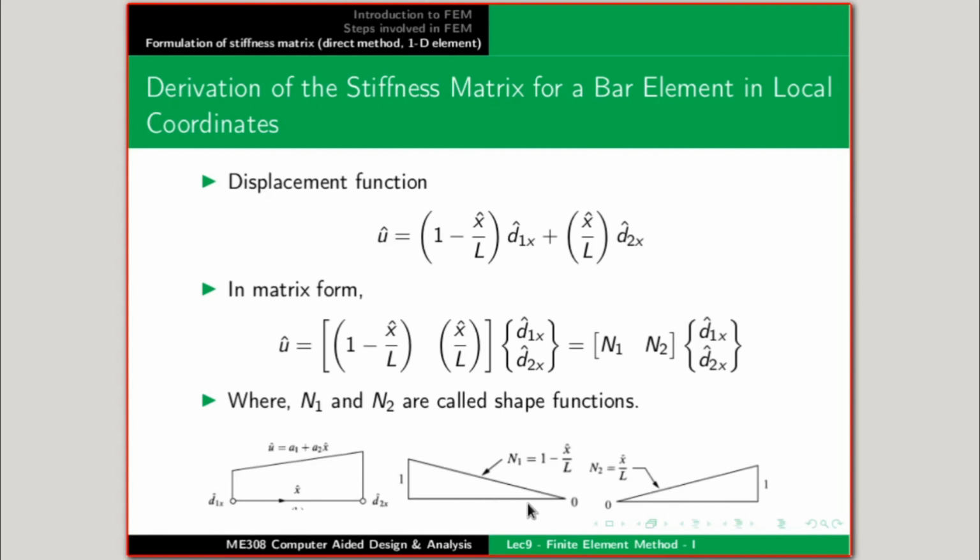Similarly, if we plot the shape functions, we can see that shape function n1, which is 1 minus x cap by L, has its maximum value of 1 at node 1. As we move along the element to node 2, the value of shape function n1 reduces linearly and becomes 0 at node 2.